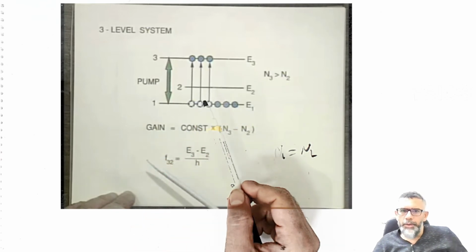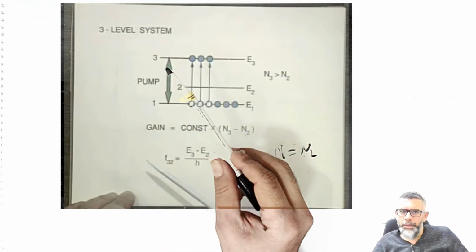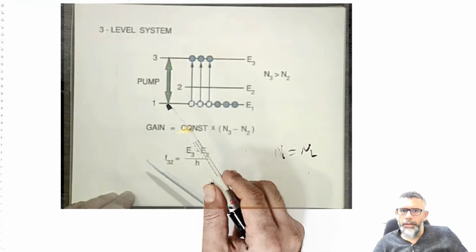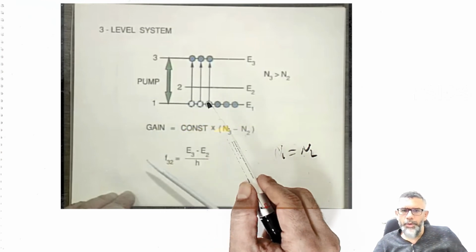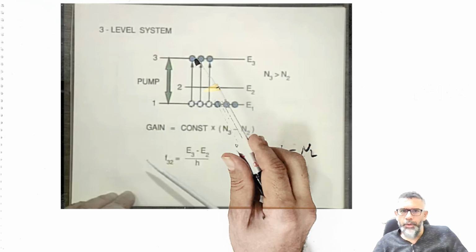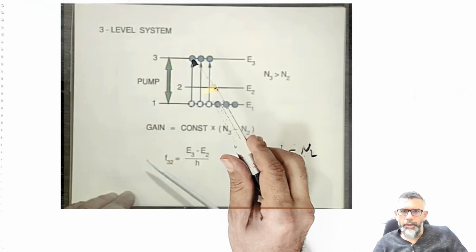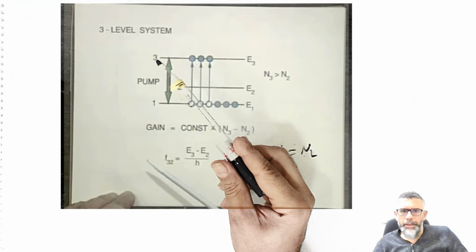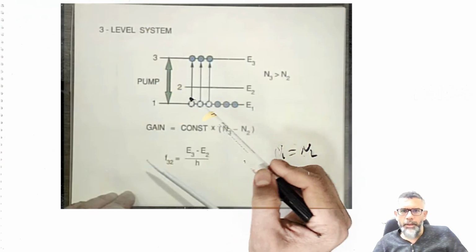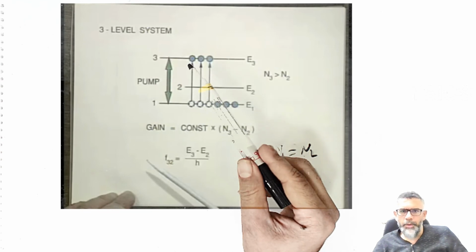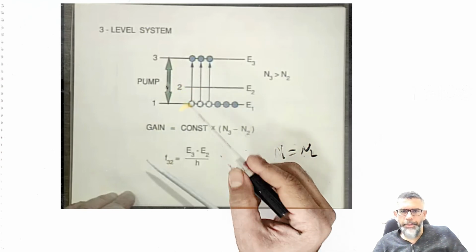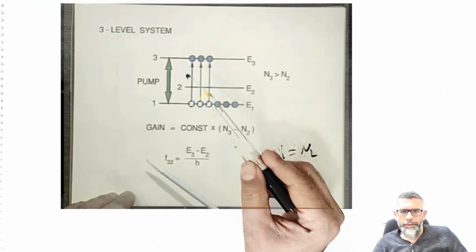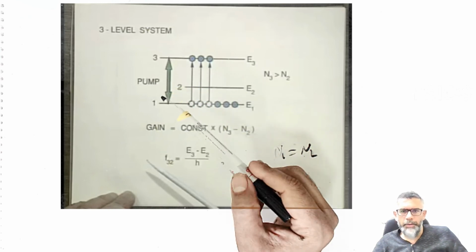Usually all atoms tend to be in the ground state. You start with the ground state and you have a pump mechanism so that the ground state electrons jump to the third energy level. If you pump them with this energy difference E3 minus E1, these electrons will not go to 2, but rather they will go to 3, because the pumping energy just matches the difference between energies E3 minus E1.